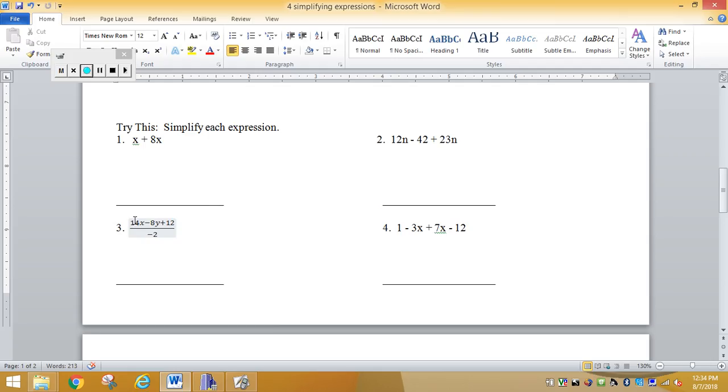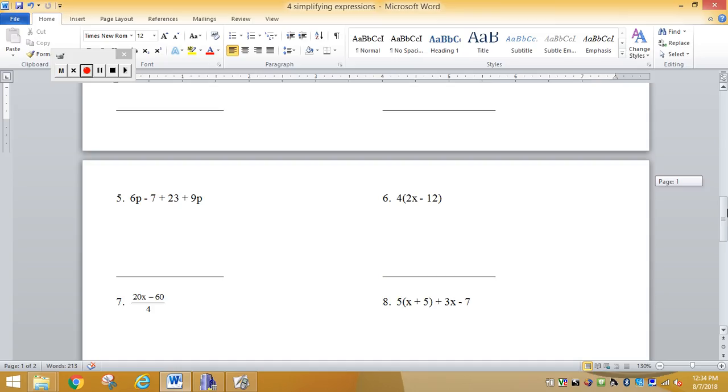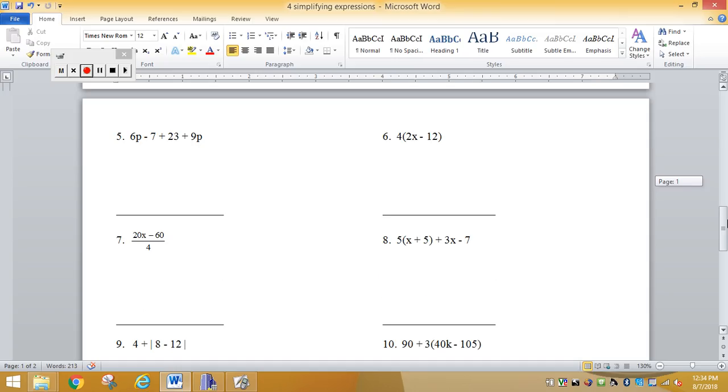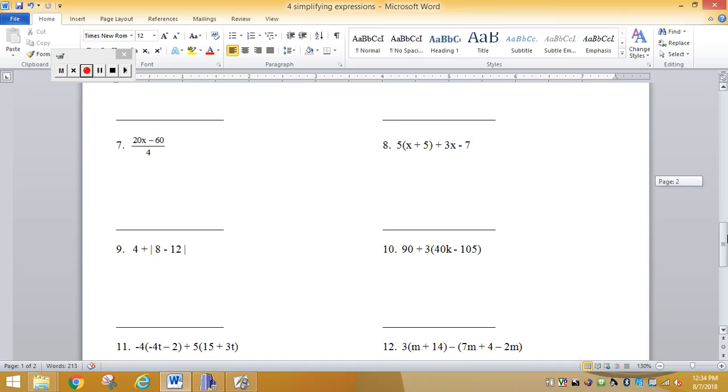It works the exact same way. You'll divide your first one, so you'll do 14 divided by negative 2, get your answer. You'll divide your middle, so you'll do negative 8 divided by negative 2, get your answer. Then you'll do your third one, 12 divided by negative 2.